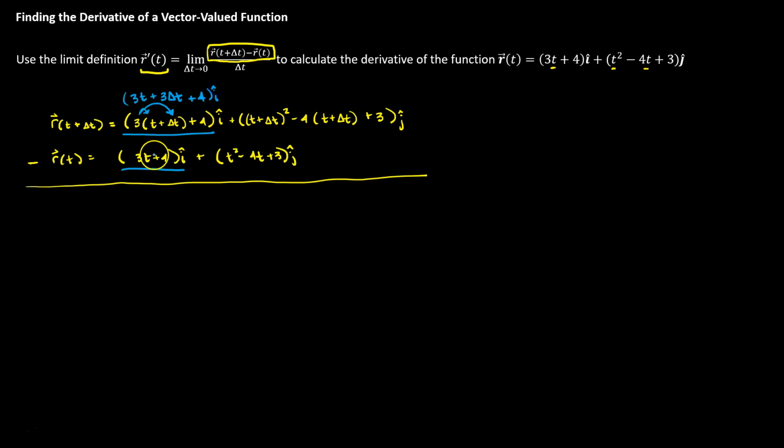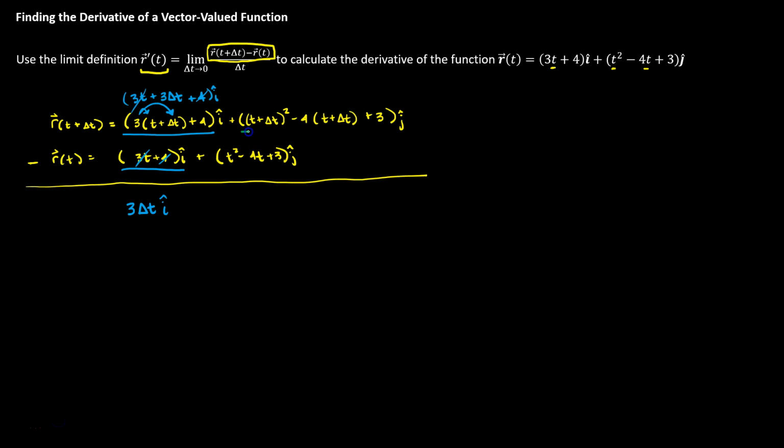And then we can do the difference there. We have 3t minus 3t, so the 3t's cancel each other out. We do have a 3 delta t with no delta t down here to subtract it from, so that would just come right down. And then the 4's also cancel each other out. So in the i hat component, we're only left with 3 delta t.